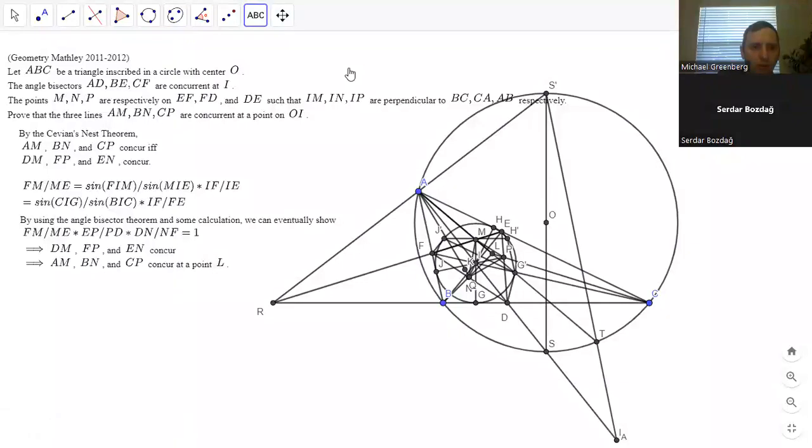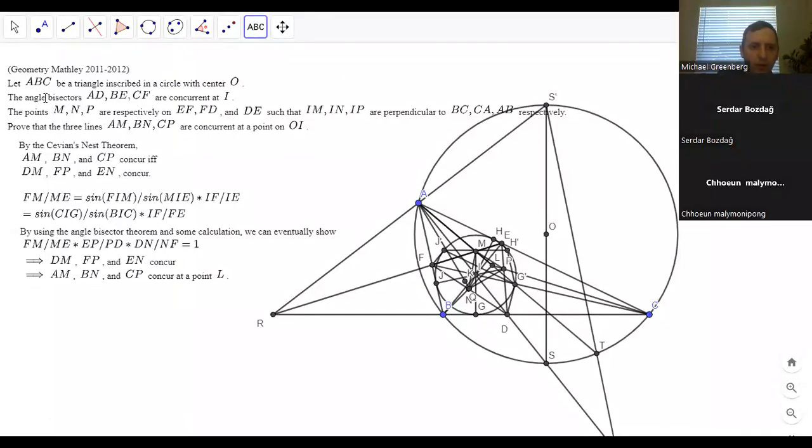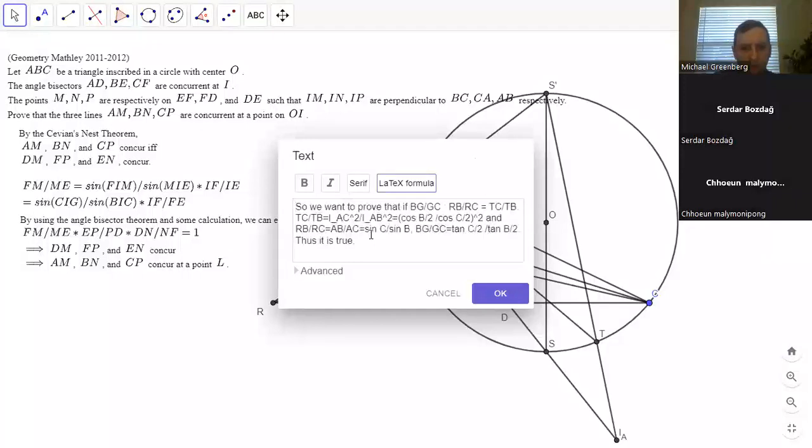So we still need the calculation that you did with the cross ratios, right? Yeah. Okay. Maybe I'll just say label the points as shown.